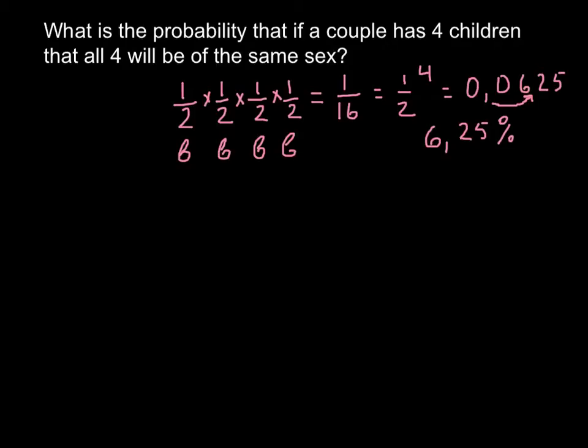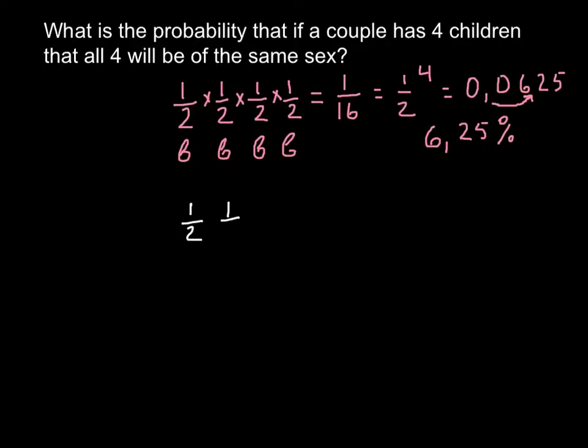Now we have to solve the same problem for girls, because when we have 4 children of the same sex, we can have all 4 boys or all 4 girls. Actually, this is going to be the same for girls.